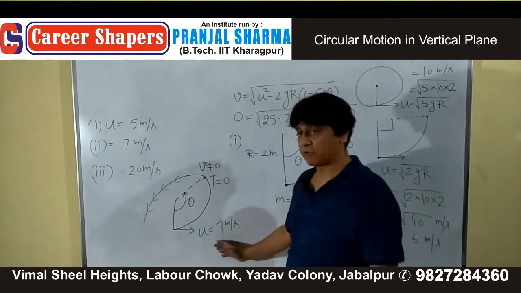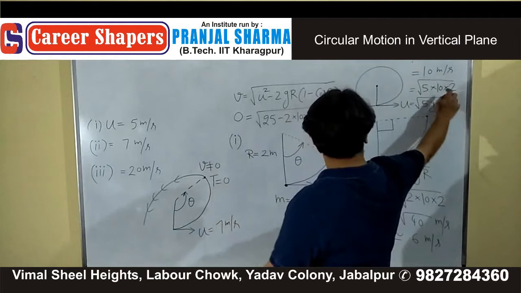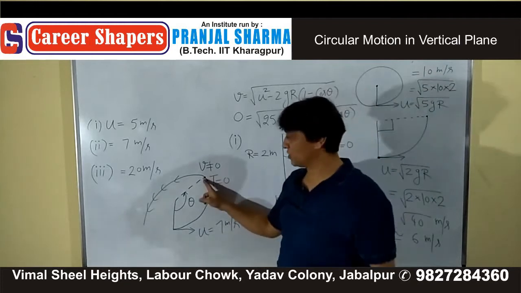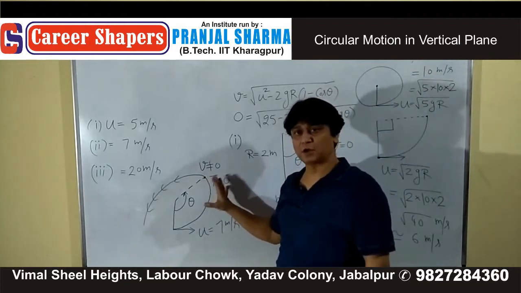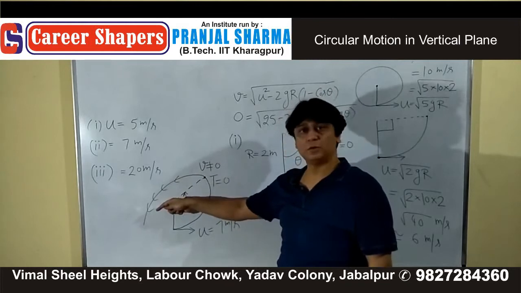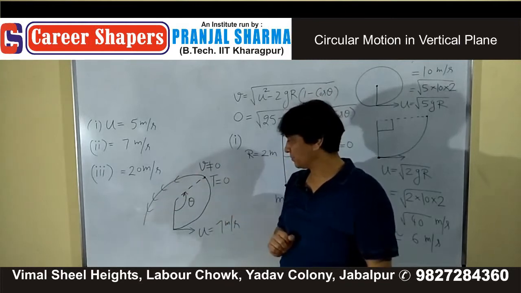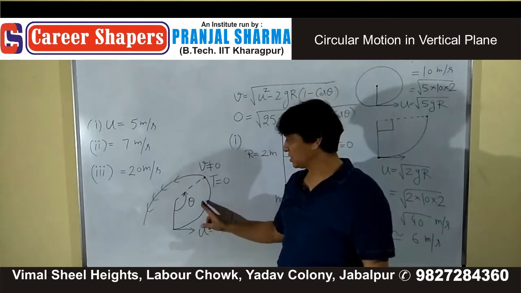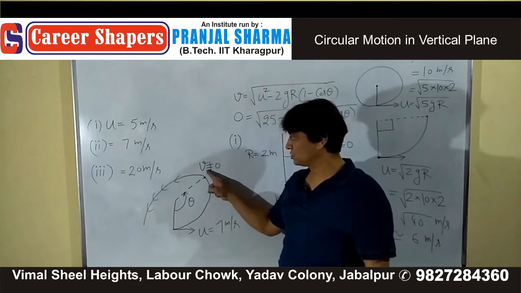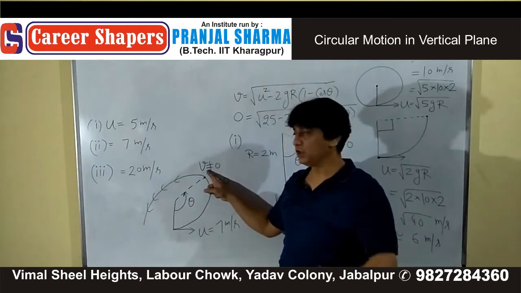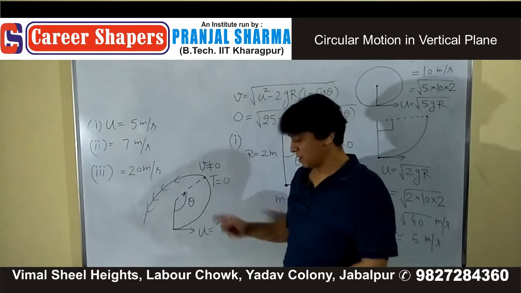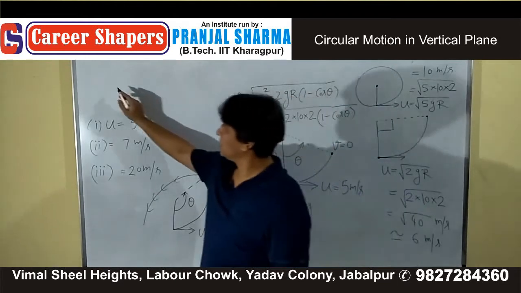It's greater than 6 and less than 10. And therefore, somewhere here, it will break the circular path and follow a parabolic trajectory. Our aim is to find this theta. We cannot use v. What should we use? T.